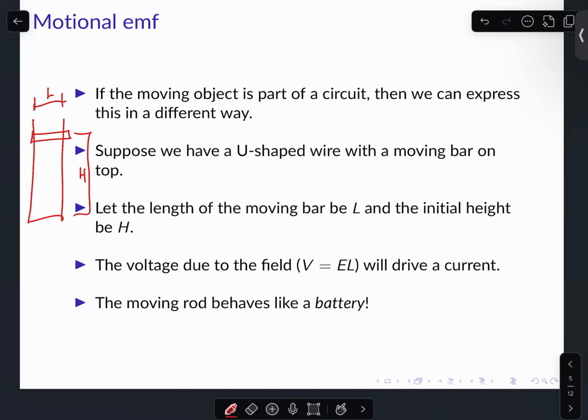Tell me a mathematical expression. Question G. Give me an algebraic expression. If you move the bar at velocity V in a magnetic field B, given this geometry, how much voltage appears, how much current appears in this circuit, in the wire?